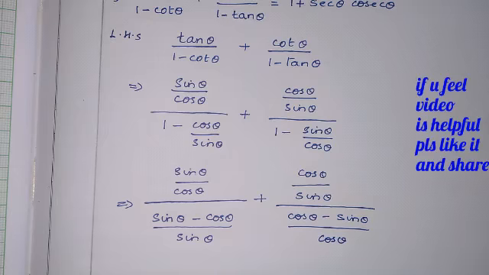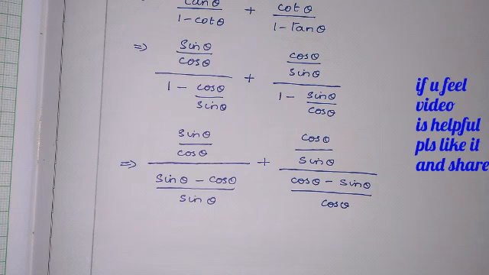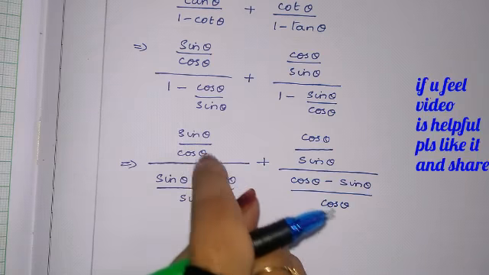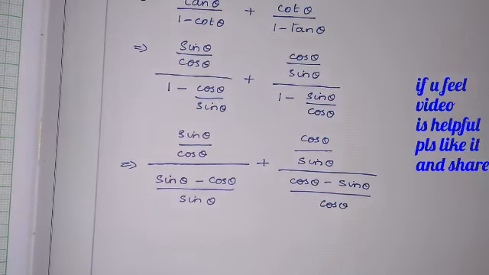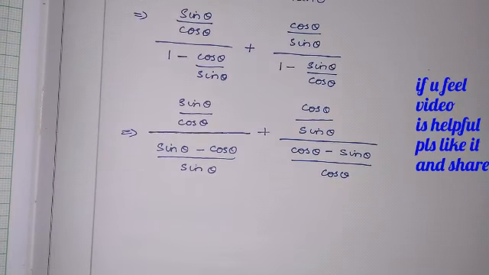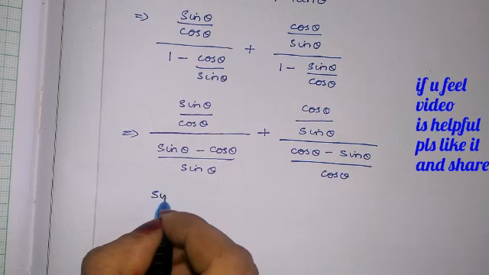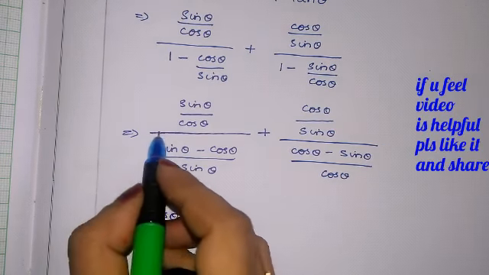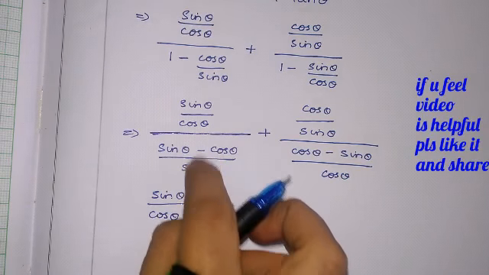Okay. Next step now what we have to do is we will just cross multiply. We know divide will become multiply when we reciprocal. This side sine theta upon cos theta I'll keep as it is. This divide will become multiply if we reciprocal this.